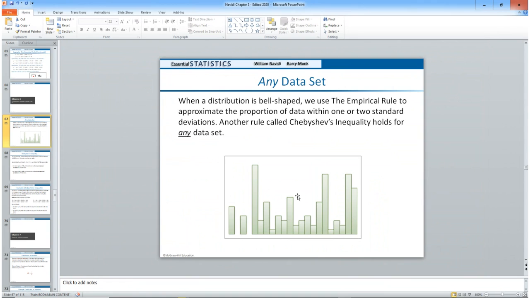What you give up in the use of Chebyshev is accuracy. You're going to be less sure. It doesn't have to look like this, because there are all kinds of data sets they could show you histograms of, and they're not going to be approximately symmetric. This is just one example. So if we don't know the distribution, or if it's not normally distributed, then we're forced to use Chebyshev.